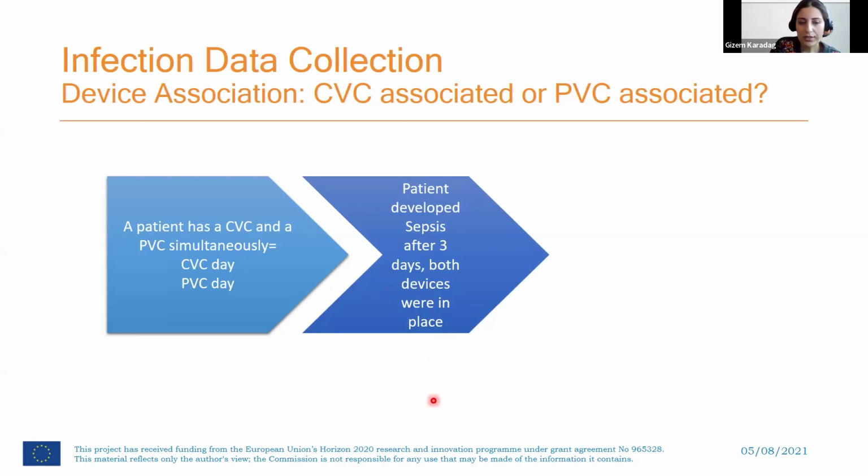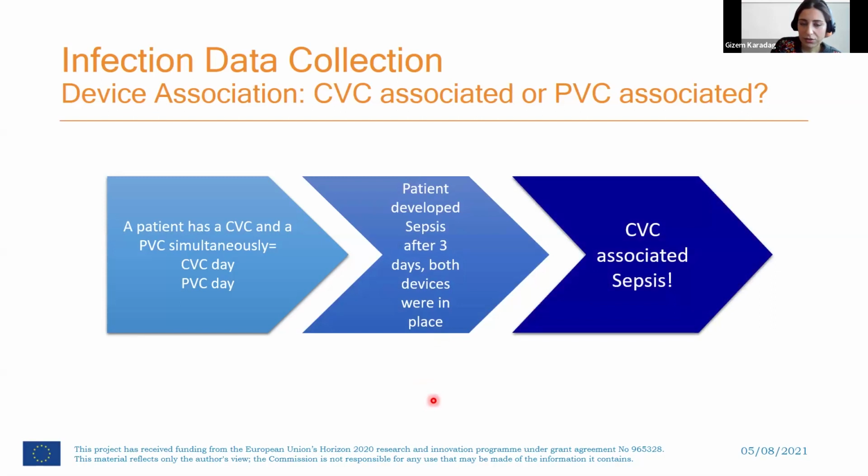It's a legit question, and the answer is it's a CVC-associated sepsis. You should count it like that because, as we all know, central venous catheters more likely cause sepsis events compared to PVCs. So if your patient develops sepsis after usage of both catheters, you should associate the sepsis to the CVC.